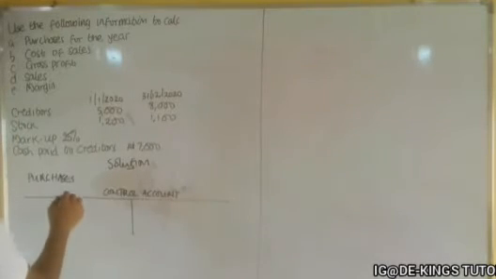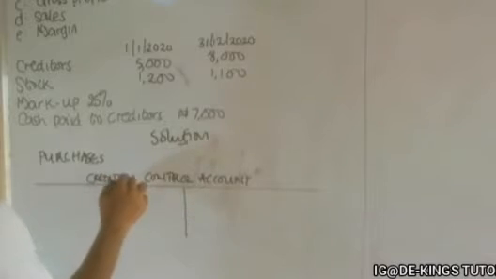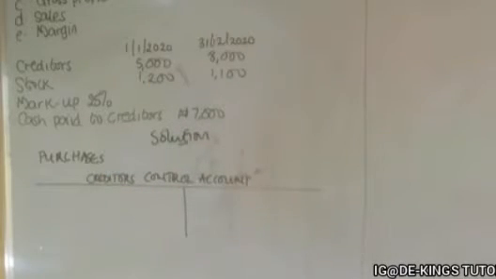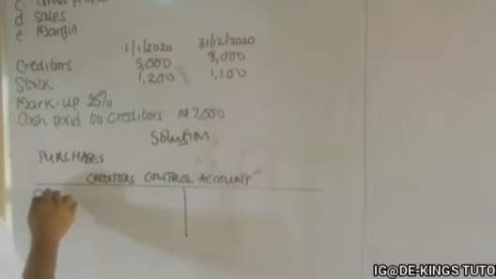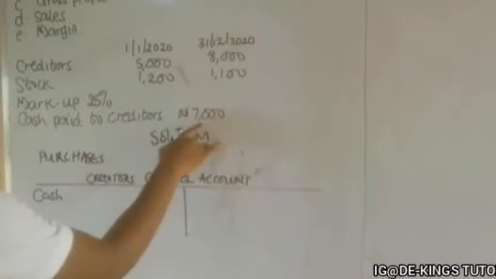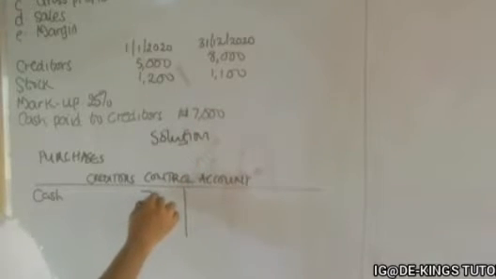Now it will be the creditors control account, because we also have one for debtors. They say cash paid to creditors. One of the rules of the creditors control account is you debit what they receive. So we have cash here that they pay to creditors as 7,000.